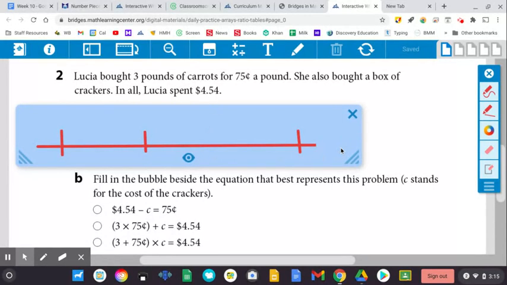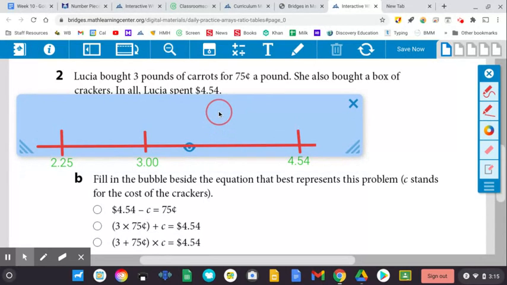I chose to do a number line to solve this one instead, and this is the reason why. Because now if we think about where we started, we have $2.25, and we have to get to $4.54. So thinking about this, we know that we have to make a jump of this. This is how much she spent on carrots.